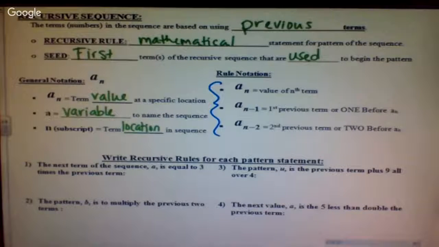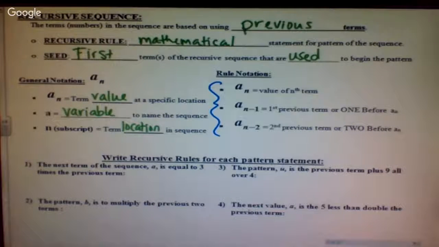You're going one step backwards and using that number. If I need to go back and use this one to find this one, how many spaces am I going backwards? 2. So this is A sub n minus 2.